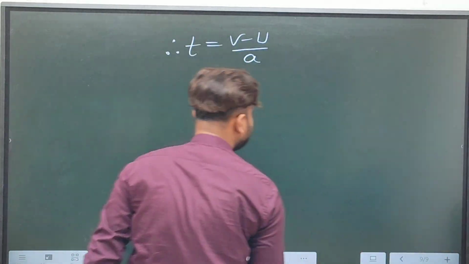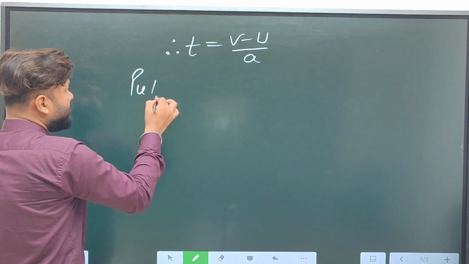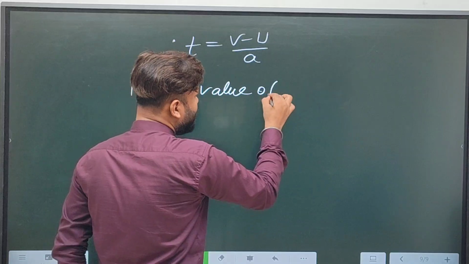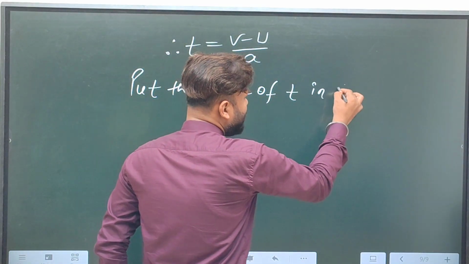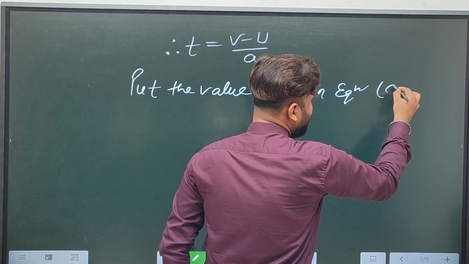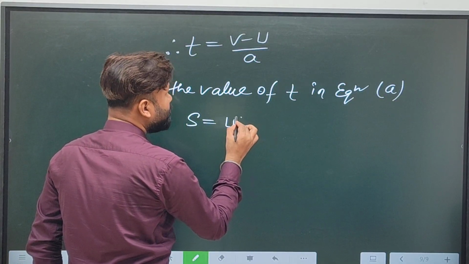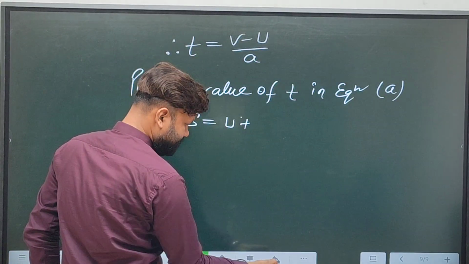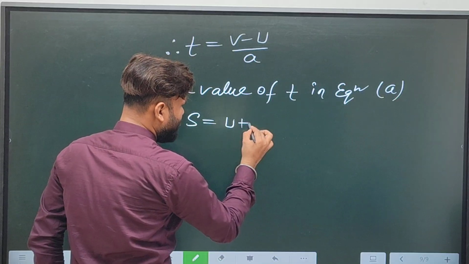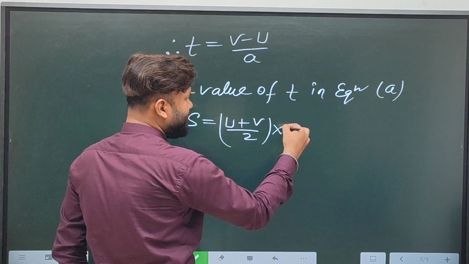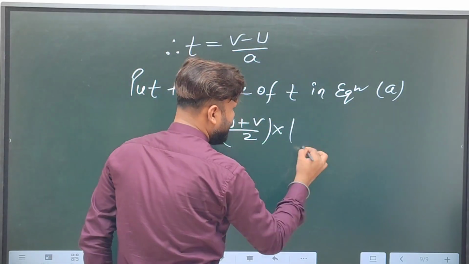So we will write, put the value of t in equation A. So what is the equation A? s is equal to u plus v by 2, and in place of t, what you will write? v minus u by a.